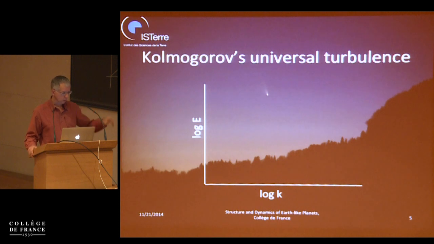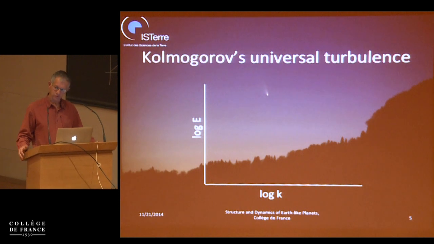So it starts with a log E log K diagram, that is a log of the kinetic energy density spectrum as a function of the log of the wave number. That is, you look at scales for eddies which are different size in a sense.